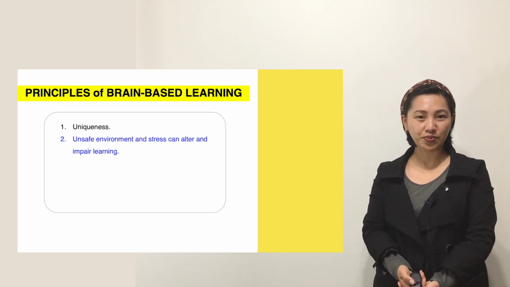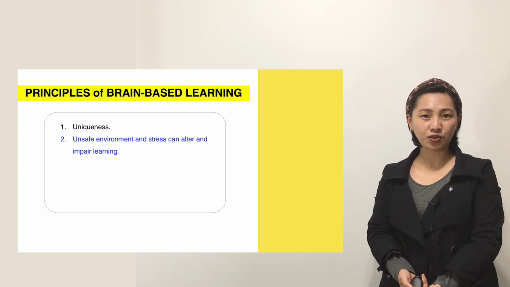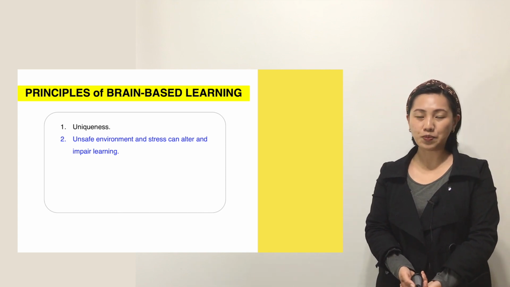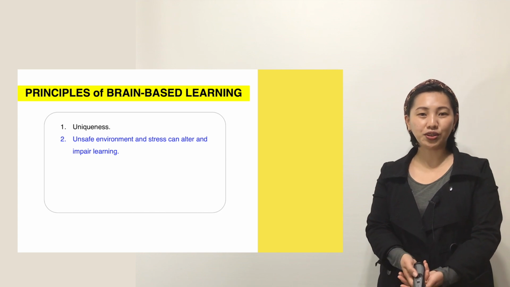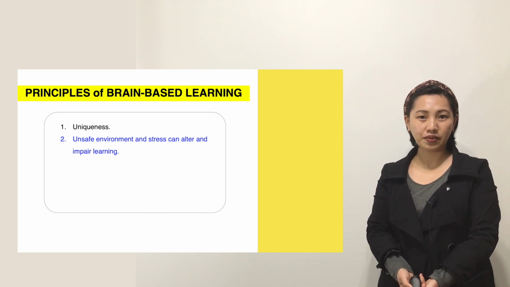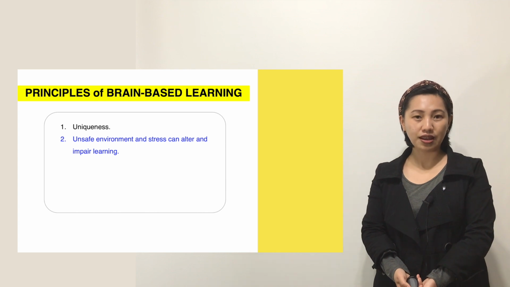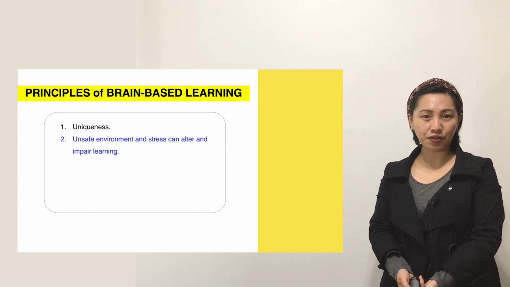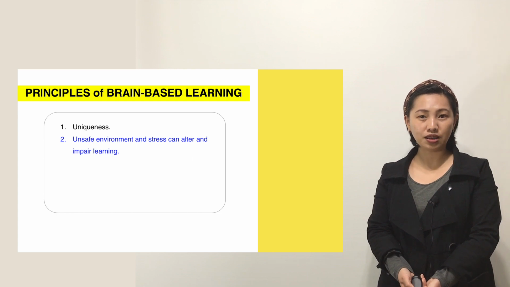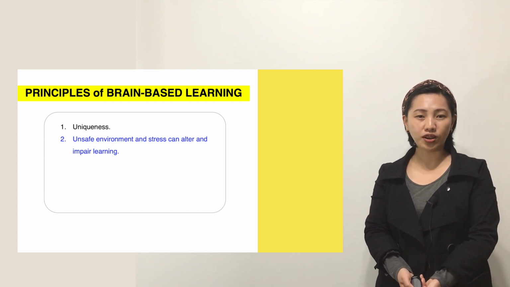Number two, unsafe environment and stress can alter and impair learning. Unsafe environment. So a threatening environment and too much stress can have a negative effect on learning since it interferes with the mind's ability to focus on what is being learned.